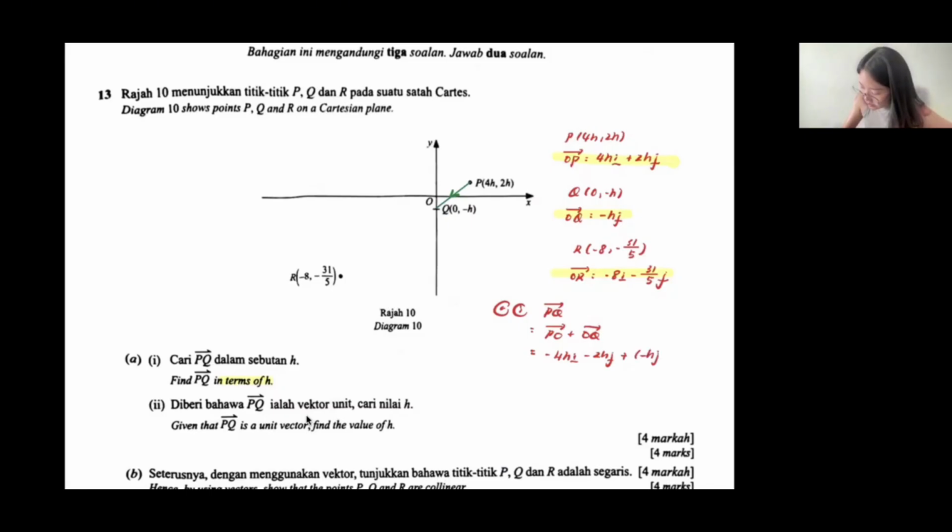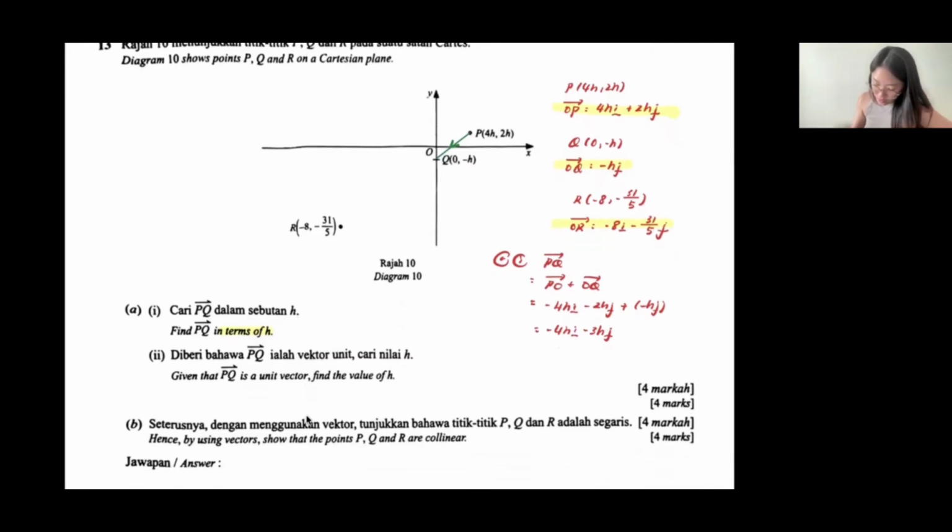OQ is already negative, so you just sub it in. So negative 4hi, and negative 2h minus h, so negative 3h. No need to factorize. You can just simplify it like this.